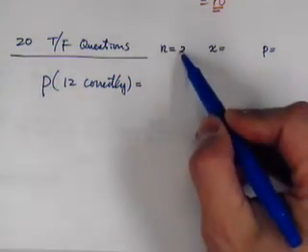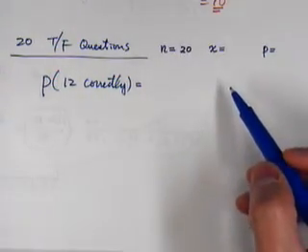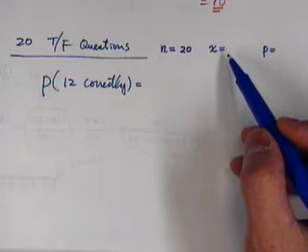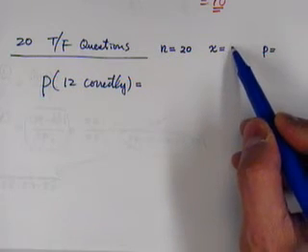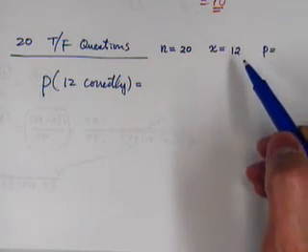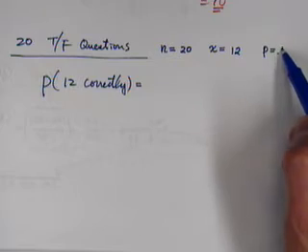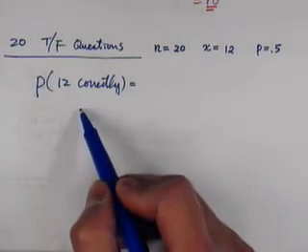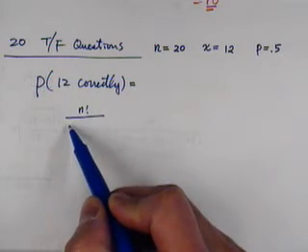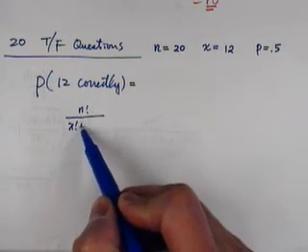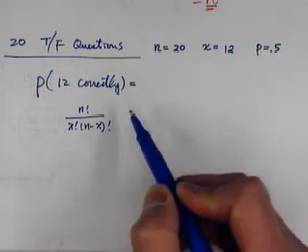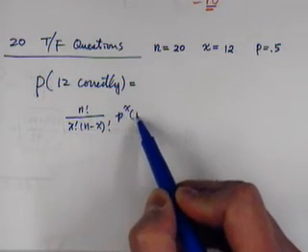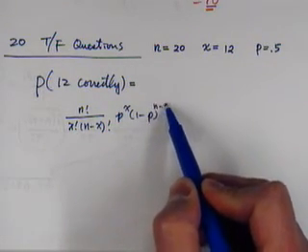20. What is x in this problem? X is the event, right? How many successes? 12. That's right. What is p? P is the probability of a success. Probably you're guessing it right, 50%. So you got them all. What you need to do is just apply that formula. Remember that formula is n factorial over x factorial times n minus x factorial, then p raised to the x, times 1 minus p raised to the n minus x.